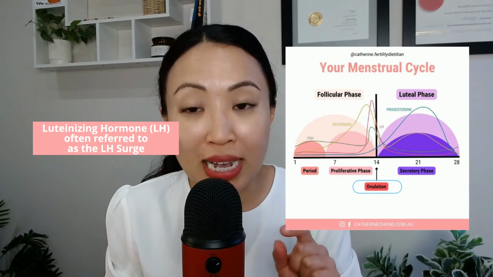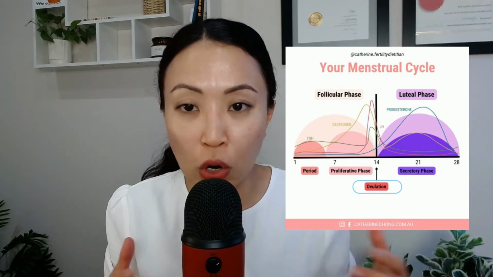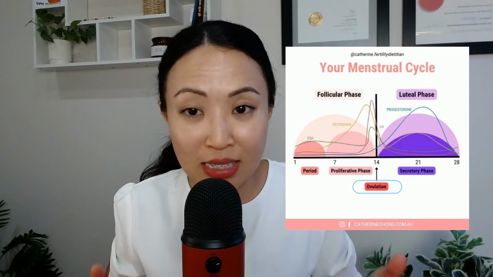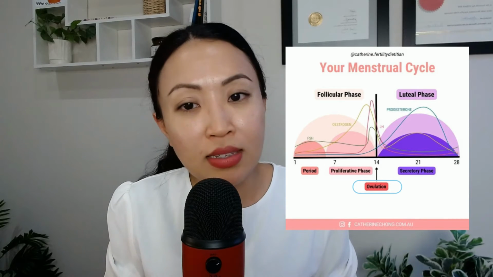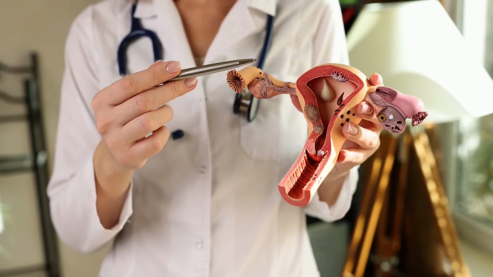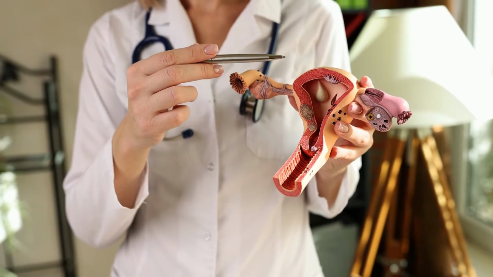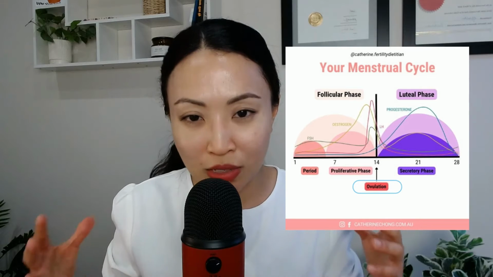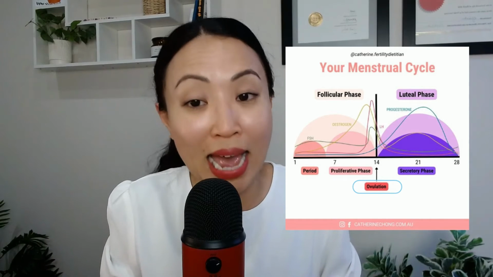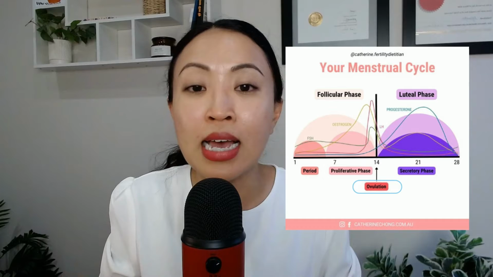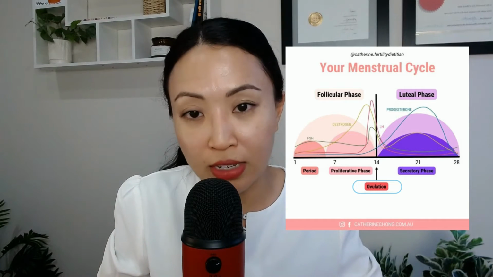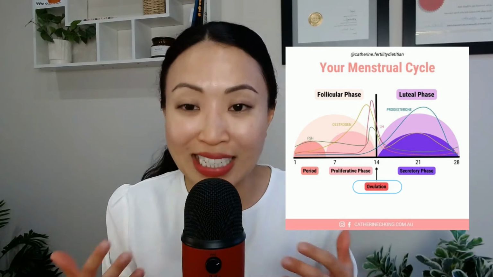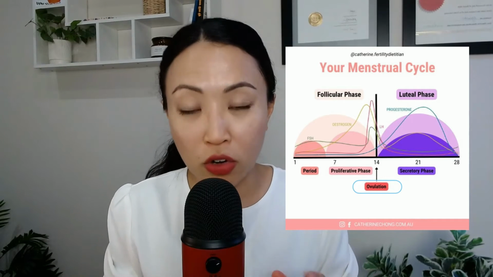This is also referred to as the LH surge, which is commonly used by many ovulation tracking urine test kits that detect this surge, right? Once the egg is released, it will begin its journey down the fallopian tube where it can be fertilized by sperm. This process officially marks the end of the follicular phase, and you will start the luteal phase.